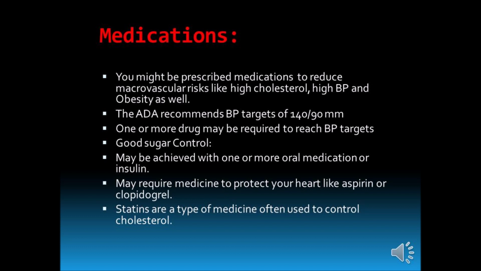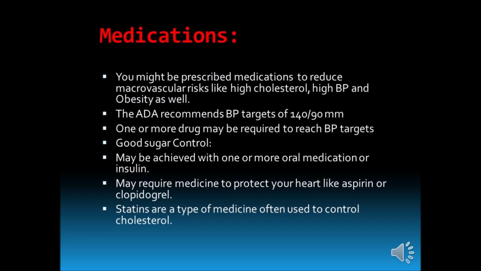You might be prescribed medications to reduce macrovascular risk like high cholesterol, high BP, and obesity as well. The ADA recommends BP targets of 140 by 90 millimeters of mercury. One or more drugs may be required to reach BP targets. Good sugar control may be achieved with one or more oral medications or insulin.